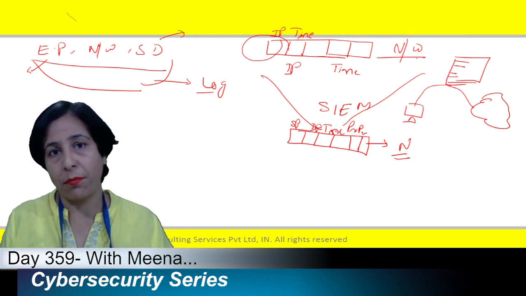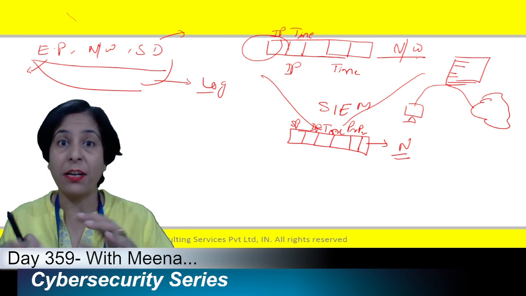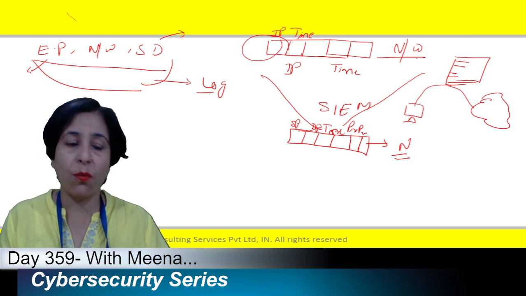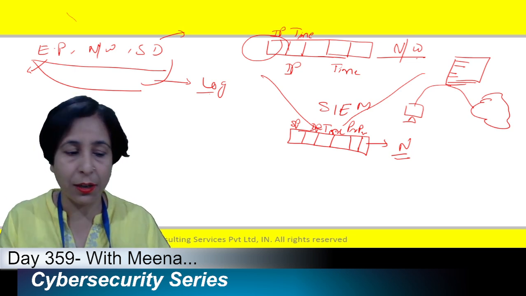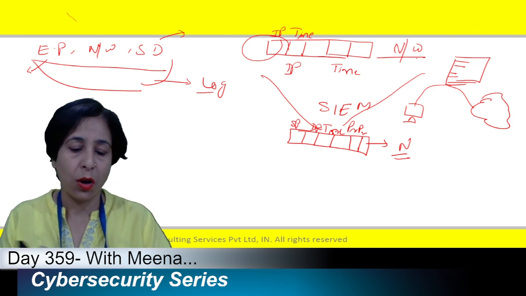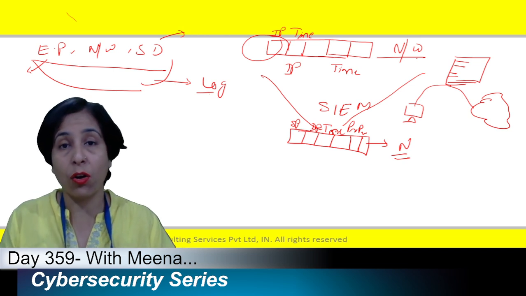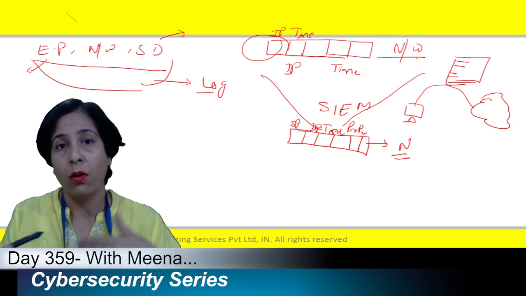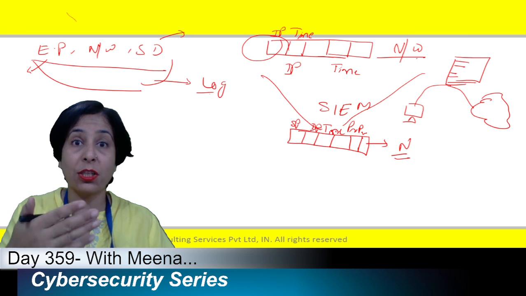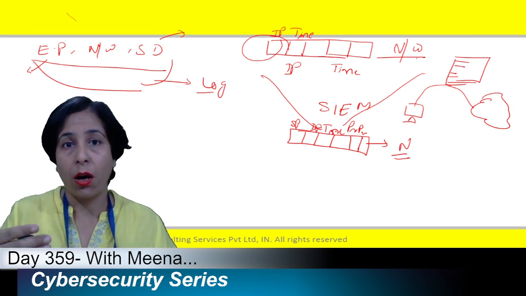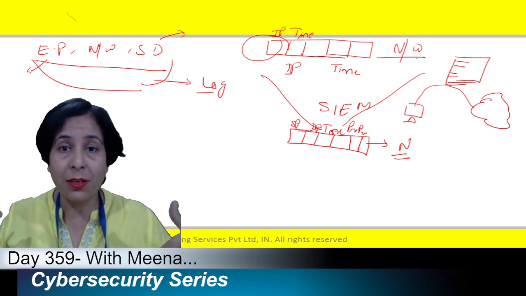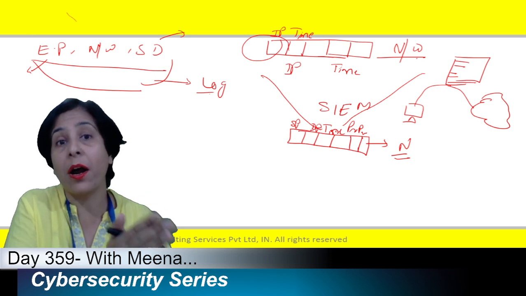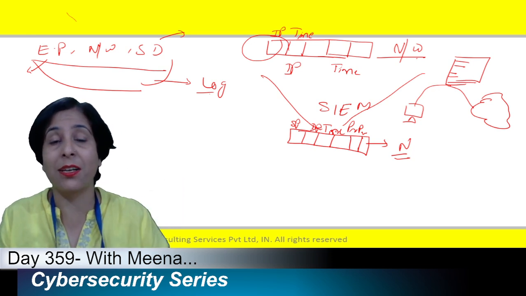When we are using a SIEM, there are by default vendor-specific correlations. Either we want to monitor the traffic, or we want to find out what's happening in our compliance setting, or with known threats, we want to know what the status is.